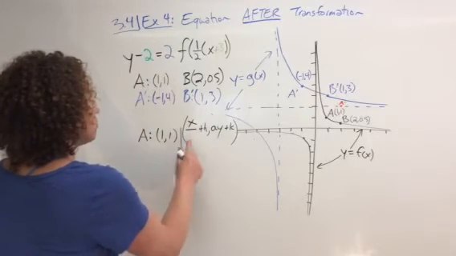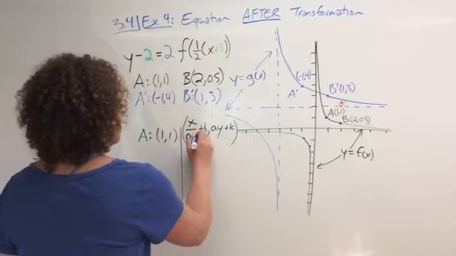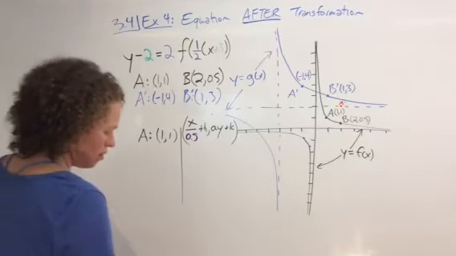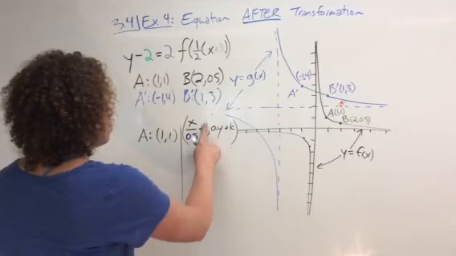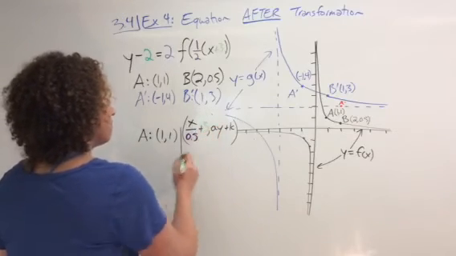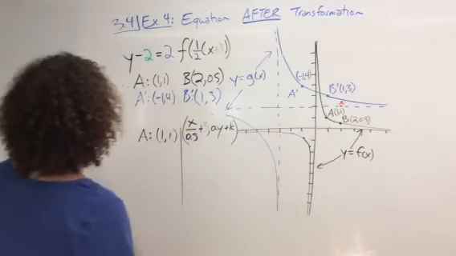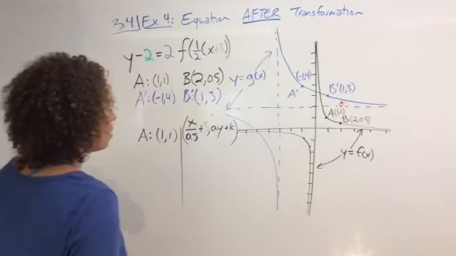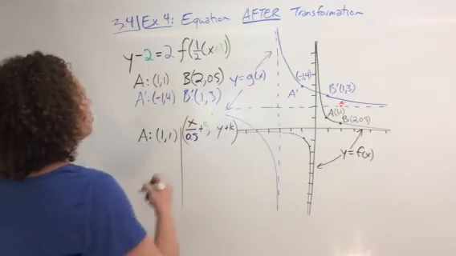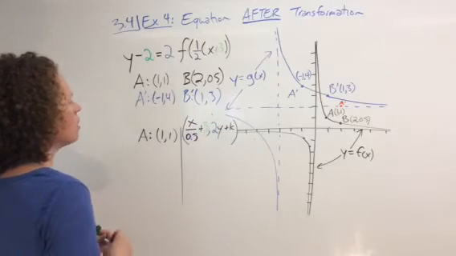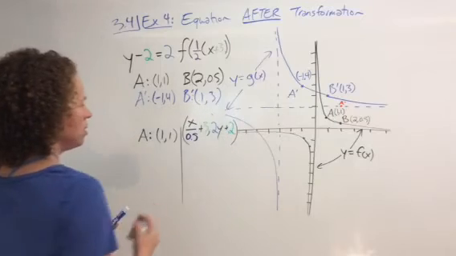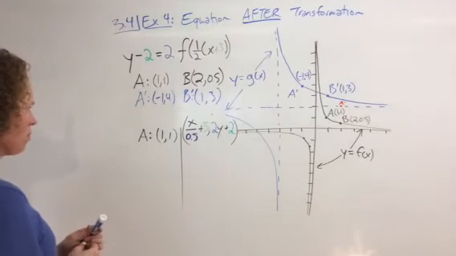So X over a half plus 3 and 2 times Y plus 2 to get my final equation.